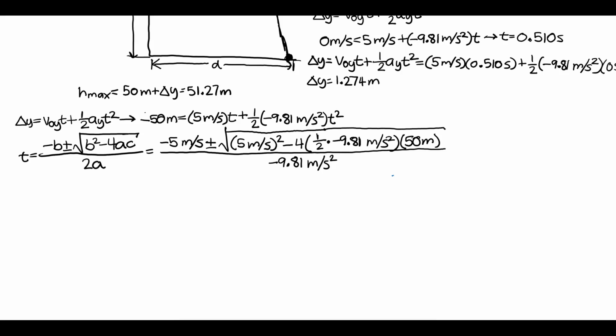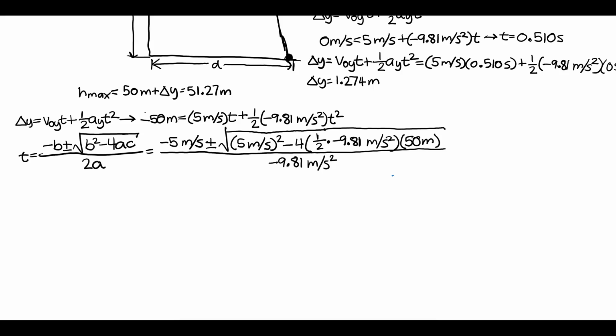Now, if you are clever, then you don't have to do a lot of work, because you can immediately find out which one, plus or minus, will give you the correct answer. And I can tell immediately that it's going to be minus.